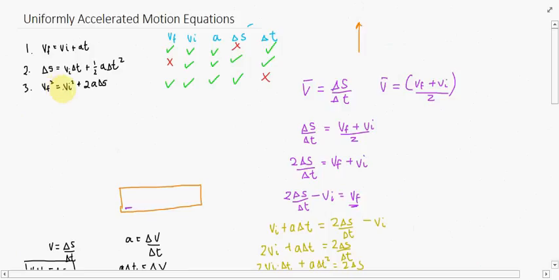I won't ever ask you to really combine two equations. I won't ask you guys to derive these equations. I've merely tried to show you where they come from. And in essence, they all boil down to this simplistic understanding of the definition of velocity being some change in distance over some change in time, as well as the definition of acceleration, which is some change in velocity over some change in time.